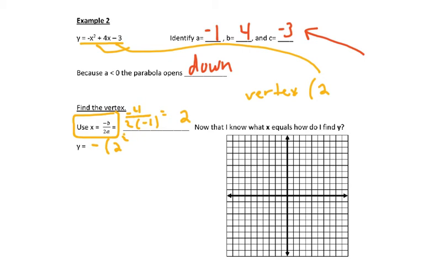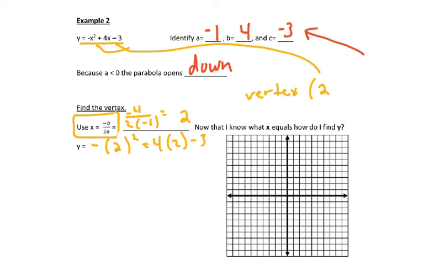And I get my squared written on here. I'm going to erase that and rewrite that 2 so you can see it better. It's -2 squared plus 4, and again x is 2, so times 2 minus 3.